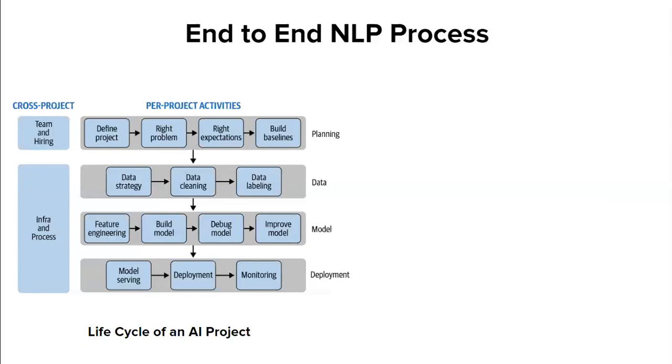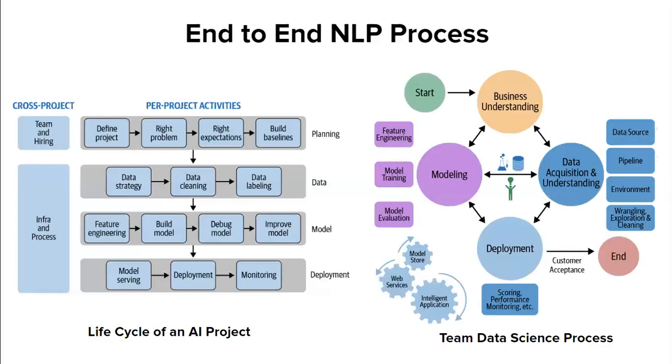At the same time, we also focus more on the best practices and processes to follow while building an NLP project. Say, for example, we talk about the team data science process, which tries to bring a structure to building a data science project, including an NLP project.